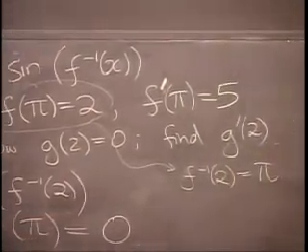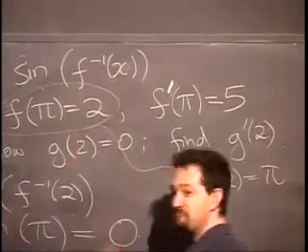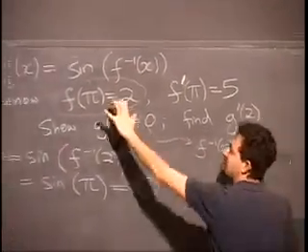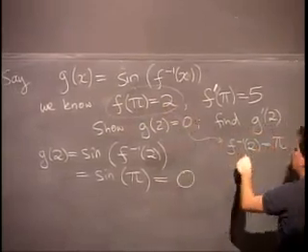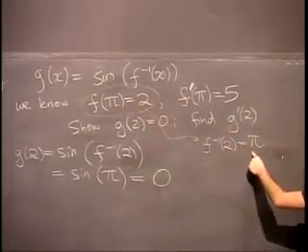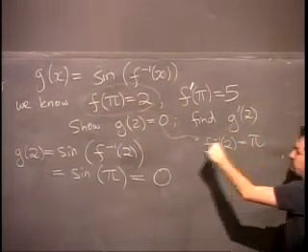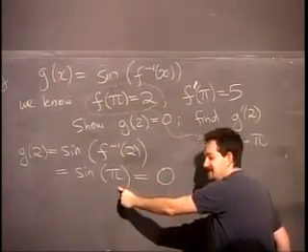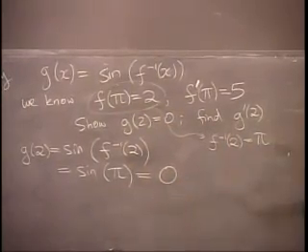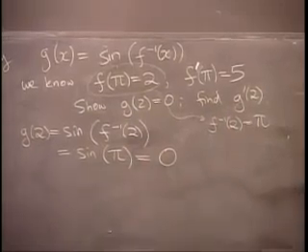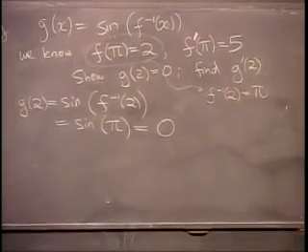In order to do that, I notice that f of pi equals 2, and I can flip that around, put the f on the other side as an inverse. And so f inverse of 2 equals pi. So now I plug that value in here, and I have sine pi, which is just 0. Actually, that's not even calculus, that's just inverse functions.